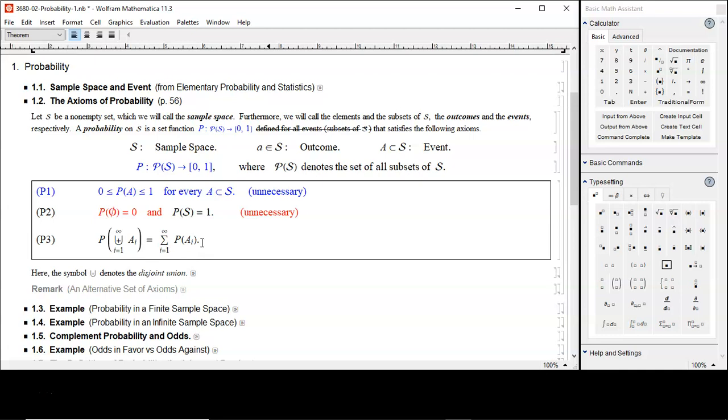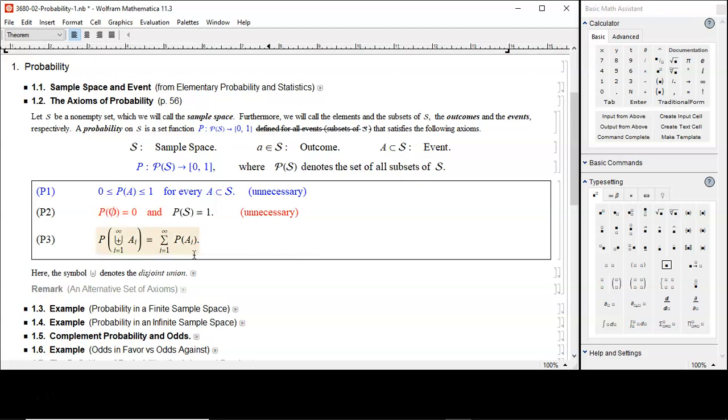And finally, this one is essential. So, instead of those 3 axioms we had before, we are down to just 2. The probability of the total sample space is 1, and then the addition rule.